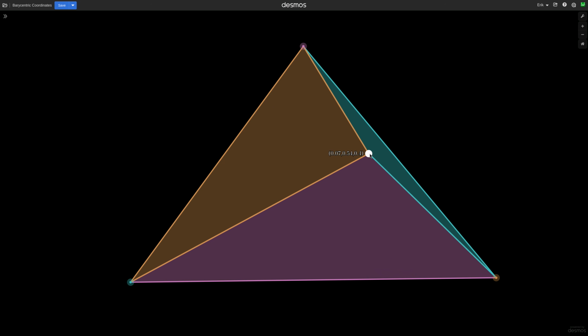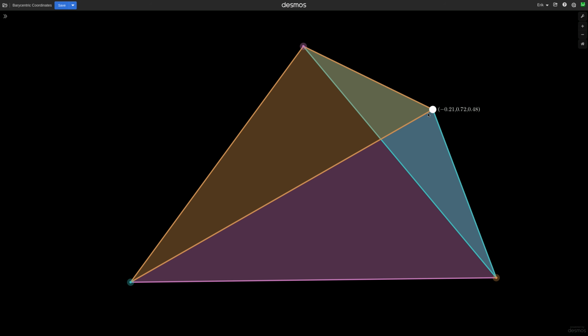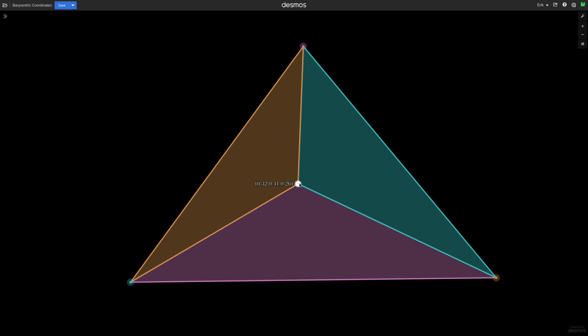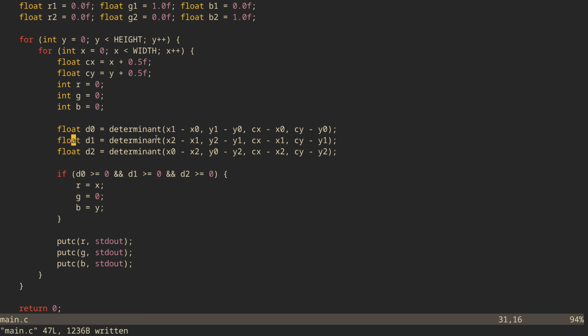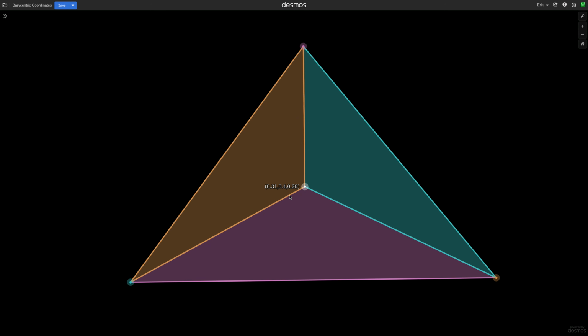And as we approach this edge, it becomes 0. And it's negative if we're on the other side of the edge, but we're only going to be testing points that we already know are inside the triangle. And so we just repeat that for the three corners. And the good thing is that we already have these areas because these are just the determinants that we've calculated here. So we just need to divide these by the total area of the triangle.